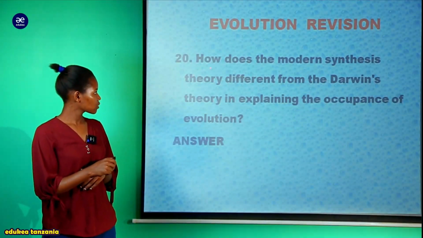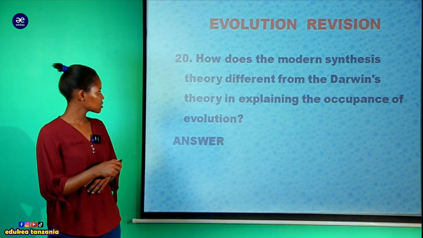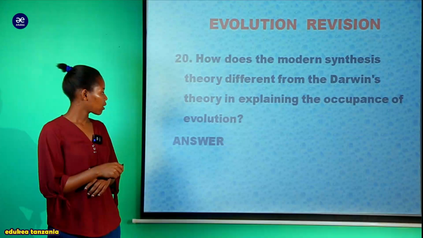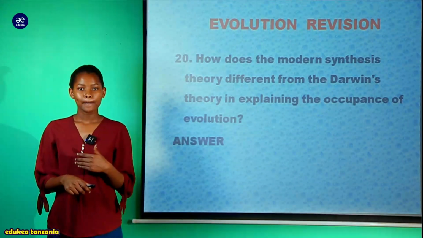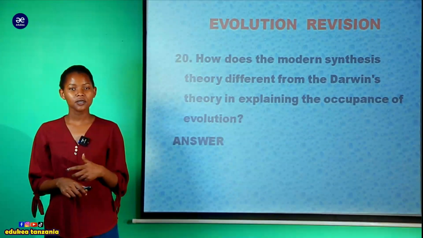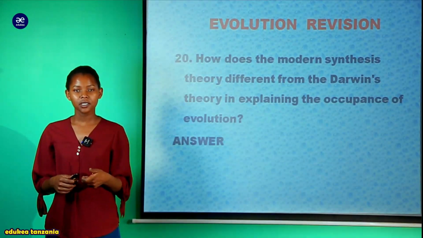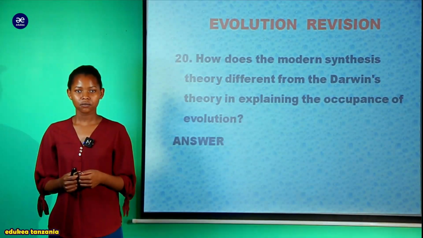As you can see here, how does the modern synthesis theory differ from the Darwinism theory in explaining the occurrence of evolution? Ni kivipi modern synthesis theory inatofautiana na Darwin theory ambavyo wakati wana explain kuhusiana na evolution?